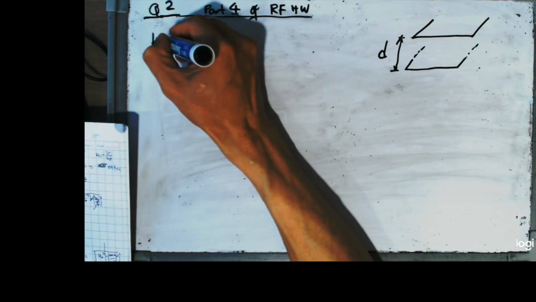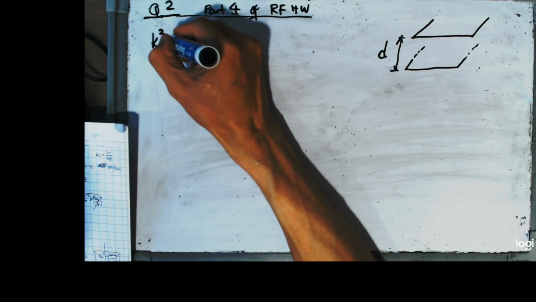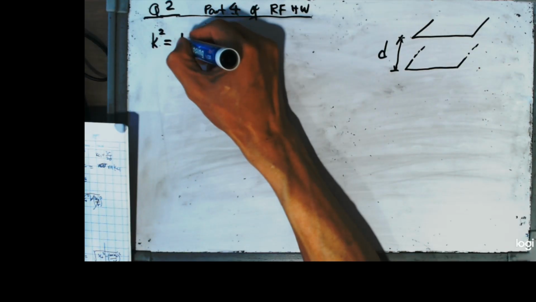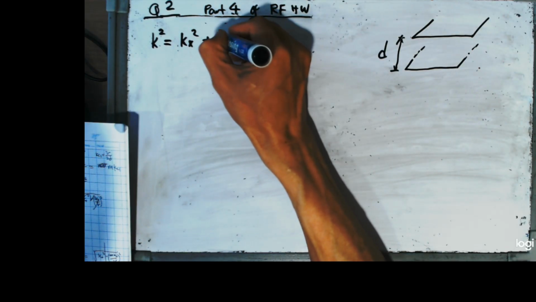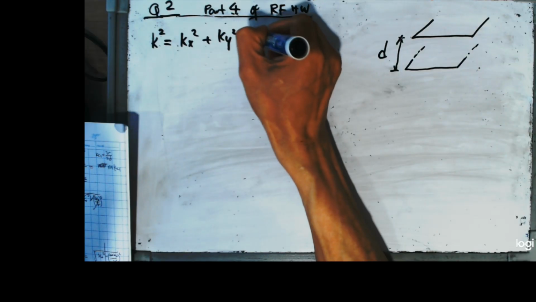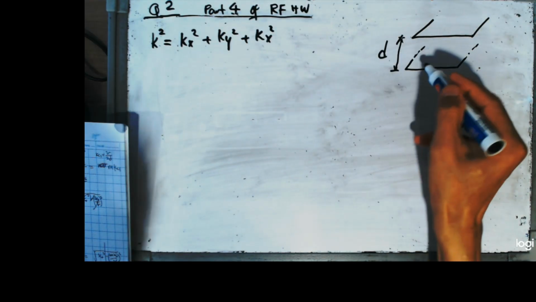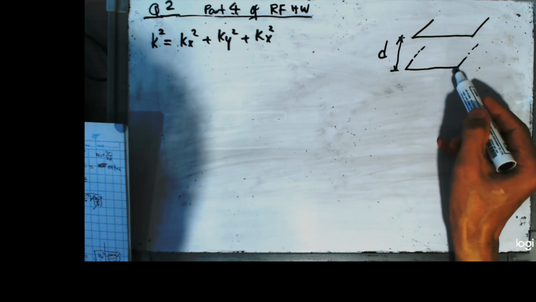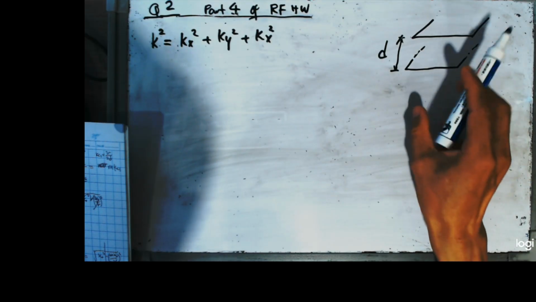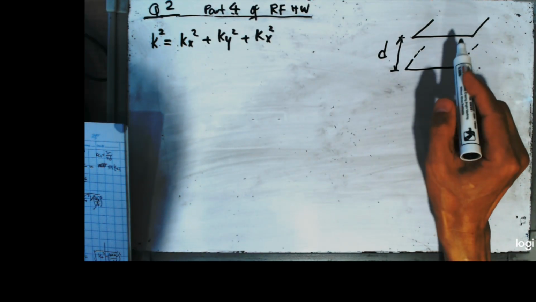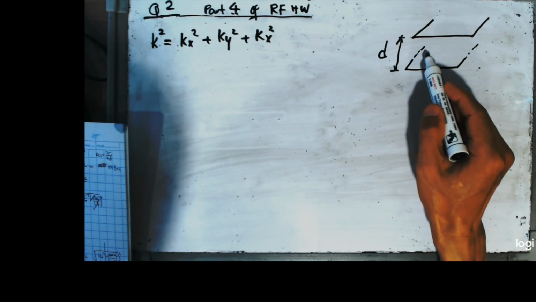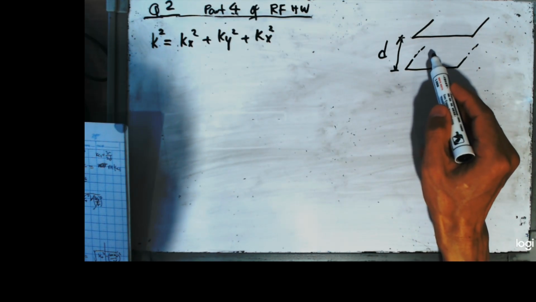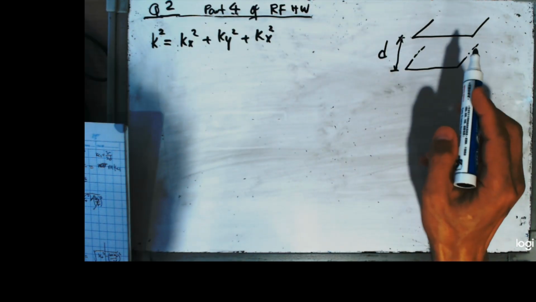k is given by k squared equals kx squared plus ky squared plus kz squared. Remember, in a parallel waveguide, we ignore the x term because we have shown that the field component is invariant along the x-axis.